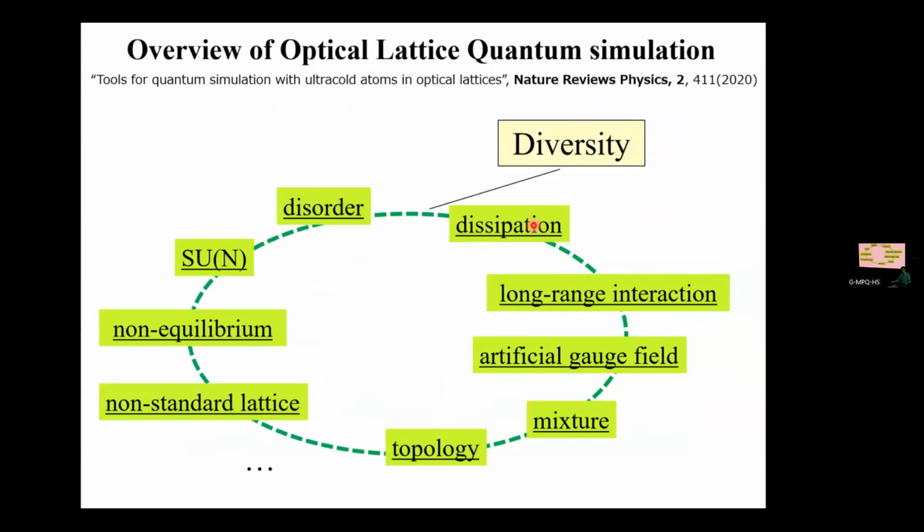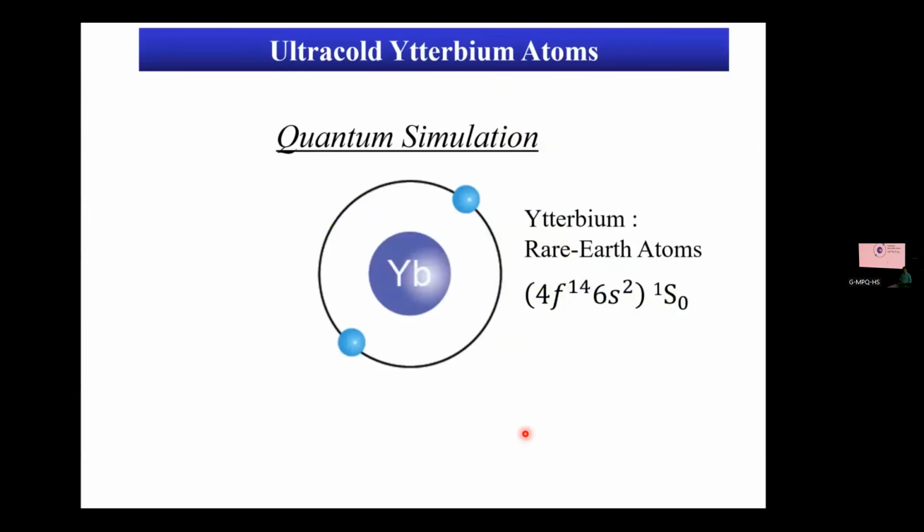With this system, we can study these important and interesting research topics, to mention a few. Okay, and for this quantum simulation research, ultracold ytterbium atoms offer unique possibilities because of some unique features of ytterbium atoms.